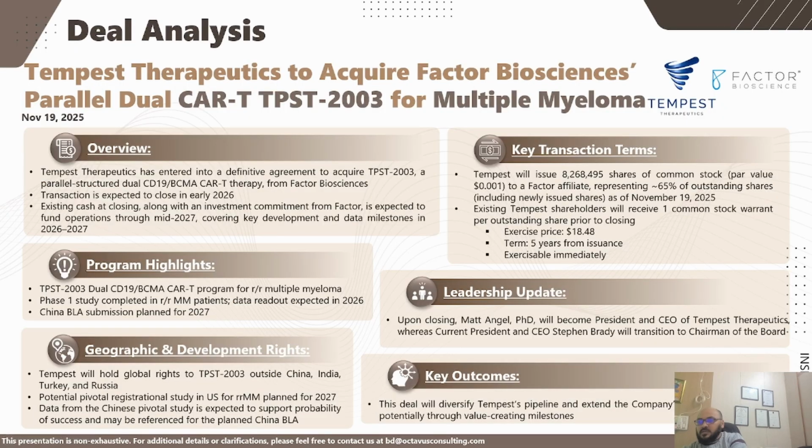We have done a deep dive on one deal which happened in 2025. A recent deal, on November 19th, where Tempest Therapeutics acquired Factor Biosciences. Factor Biosciences has a parallel dual CAR-T therapy, TPST, which is being assessed in multiple myeloma. The Chinese BLA is planned for 2027, the phase one is already completed, and data readout is expected in 2026, basically this year.